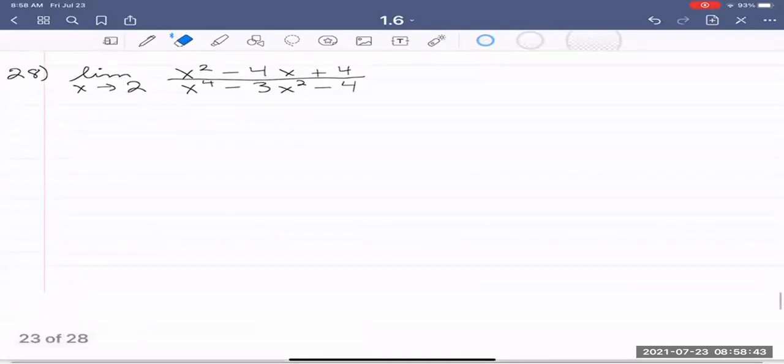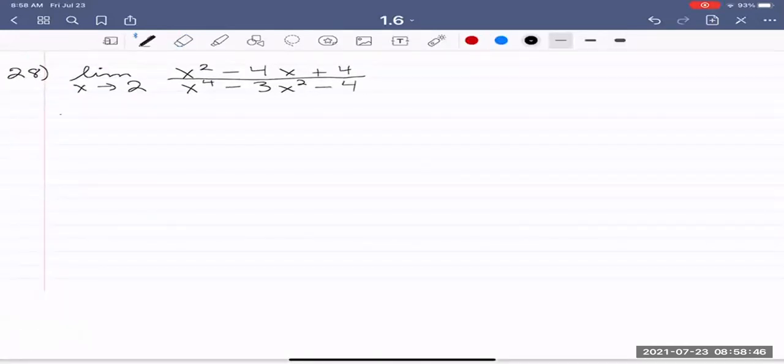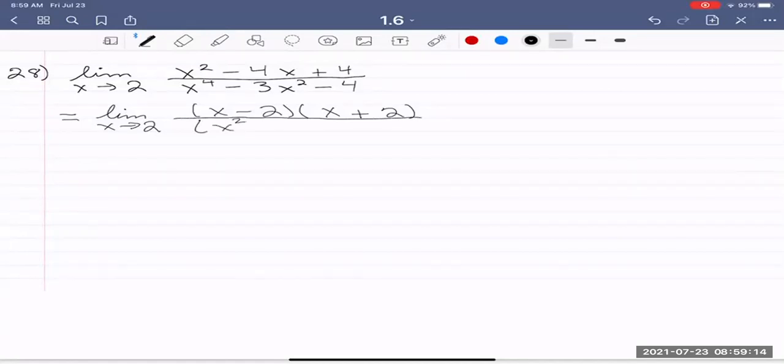So again, if you plug in 2, you're going to get a 0 over 0. So let me simplify this. So this is the limit as x approaches 2. Let's factor x squared minus 4, x minus 2, x plus 2.